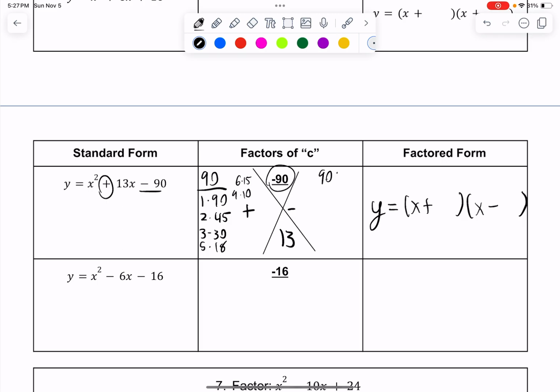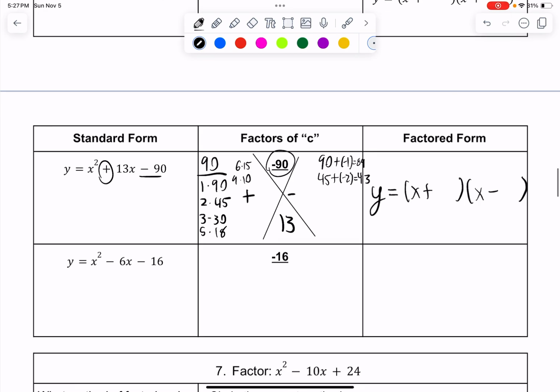So 90 plus a negative 1 gives me a positive 89. Not quite. How about 45 plus a negative 2? Here I get closer and I get a 43. Then I have 30 plus a negative 3. That gives me a positive 27.